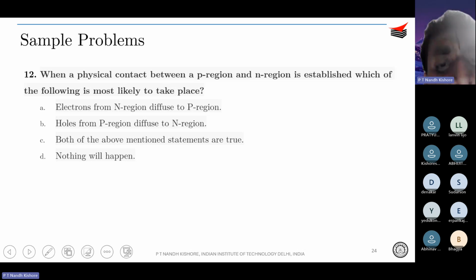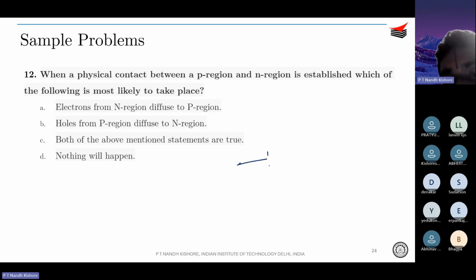When a physical contact between a P region and N region is established, which of the following is most likely to take place? Let's say you have a P region and an N region. As you are aware, the N region is full of electrons and the P region is full of holes, or positive ions. When you connect both of them, opposite charges will attract.